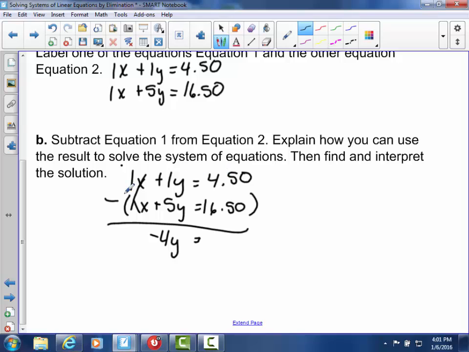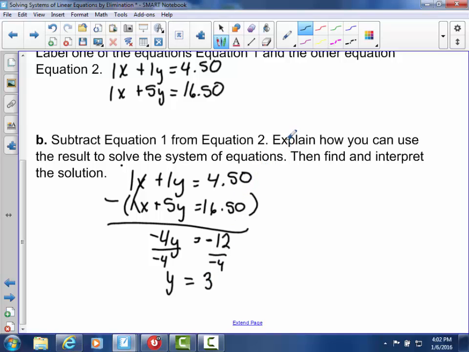And 4.50 take away 16.50 is going to be negative $12. Then we divide by negative 4, and that tells me that y equals 3.